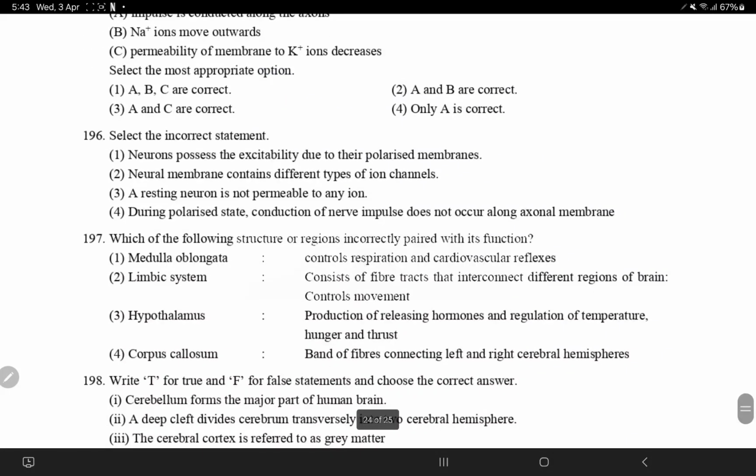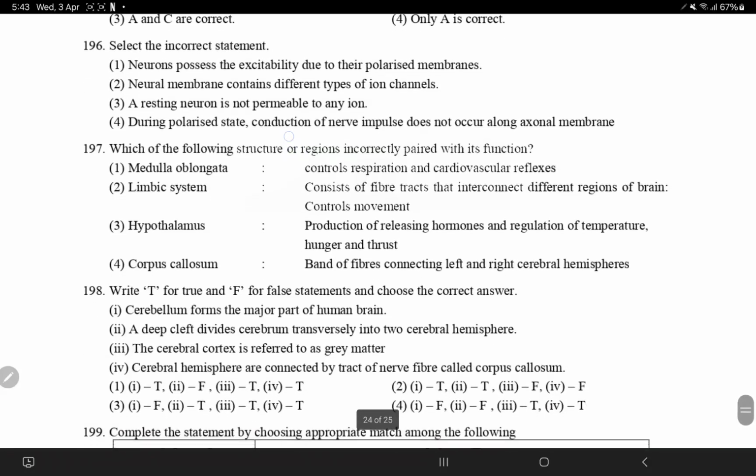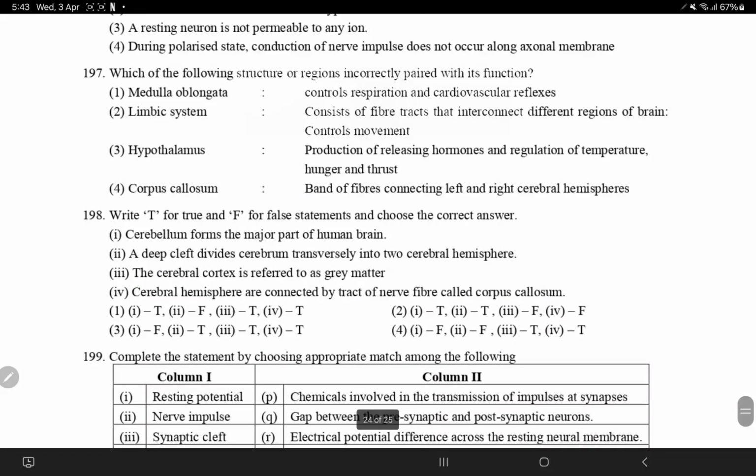Select the incorrect statement. Neuron possess the excitability due to their polarized membranes. Right? Neuron membrane contains different types of ionic channels, right? Resting neuron is not permeable to any ion. No, this is incorrect. Option 3 is incorrect. You have to find out the incorrectly paired.